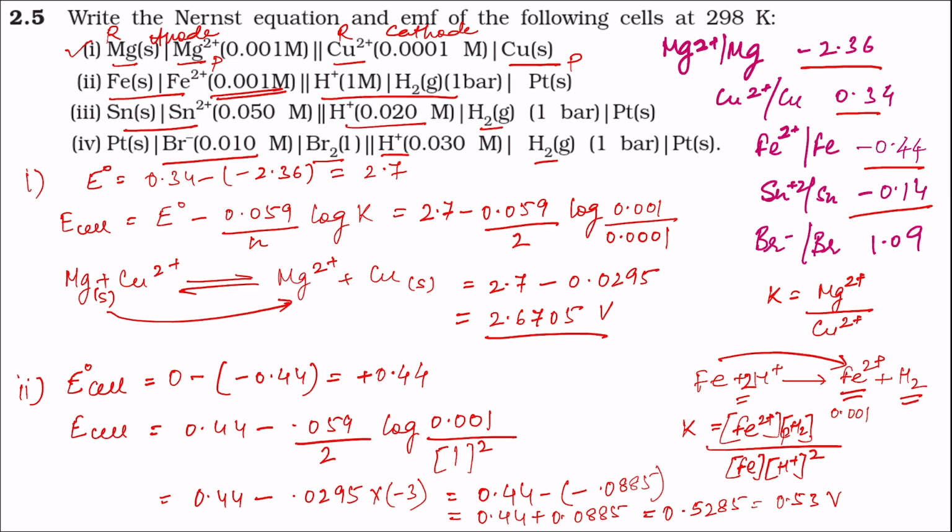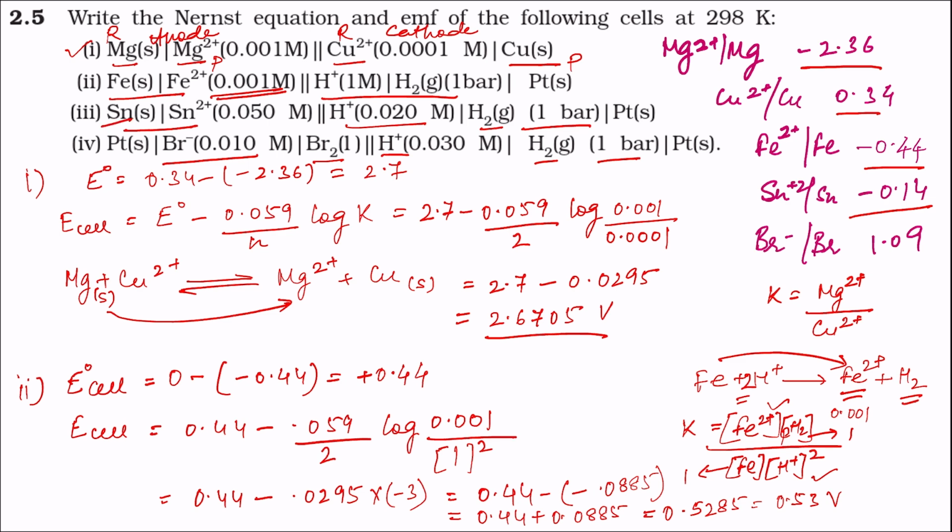Now partial pressure of hydrogen is 1 and concentration of iron will be taken as 1. So what is left in the equilibrium constant expression? The concentration of ions. So in question 3 and 4 also concentration of the ions are taken, because pressure of hydrogen is given as 1 bar and concentration of the neutral metal atoms is taken as 1.